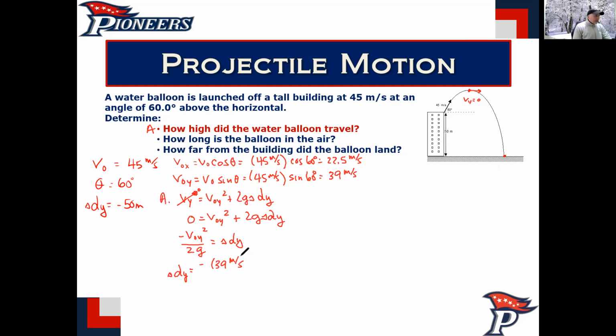So 39 squared, to negative 10, divide that by 20. So I get 75.9.